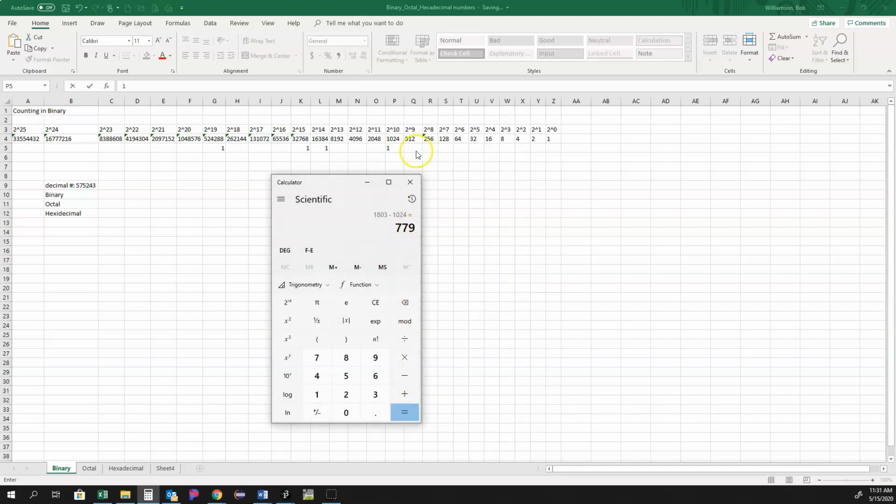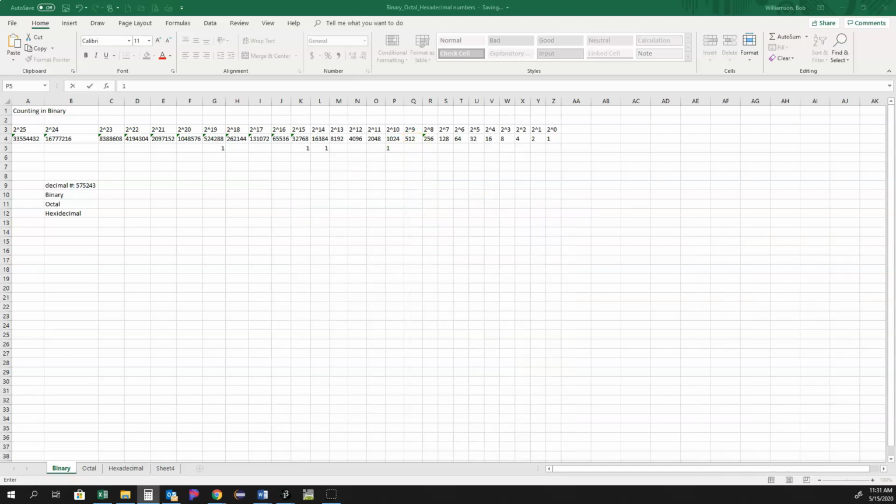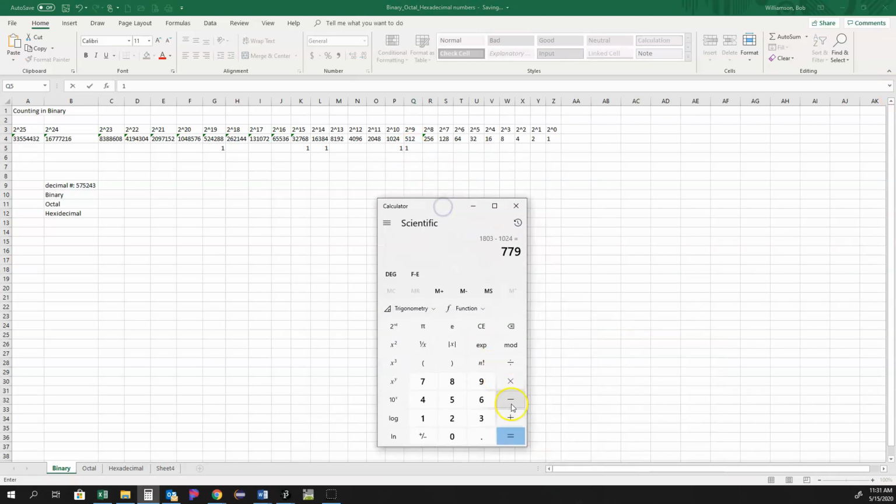I have 779 left. I can take that 512 here. Minus 512, I have 267 left.